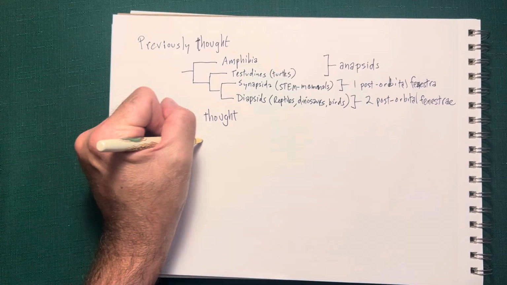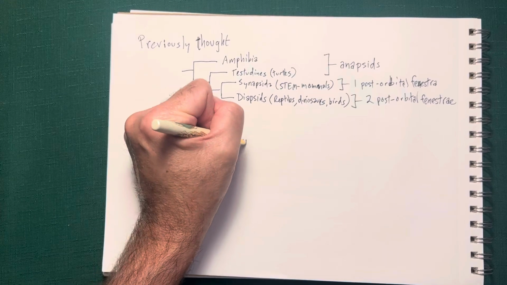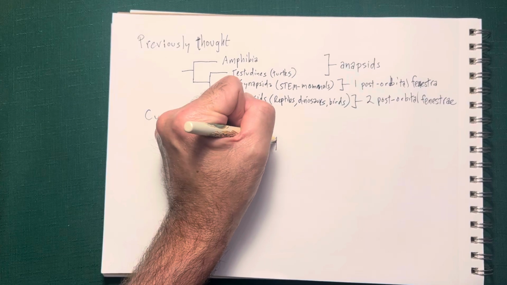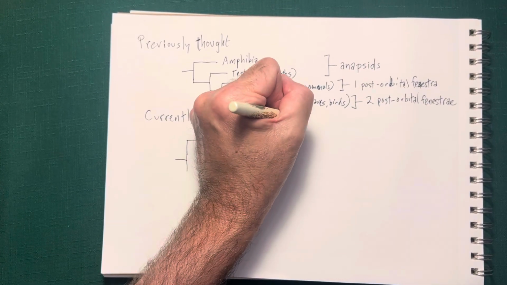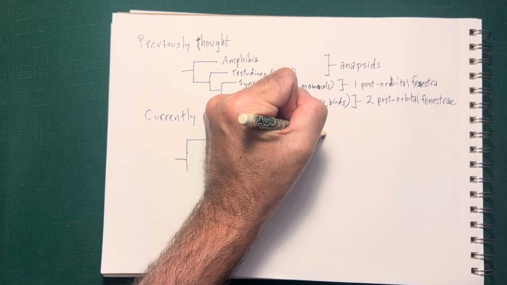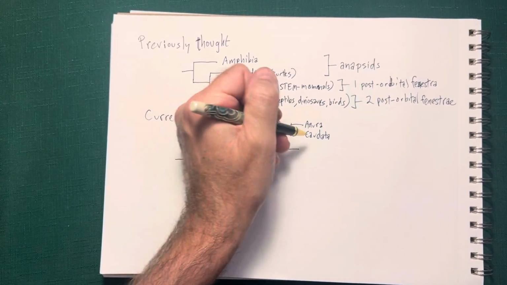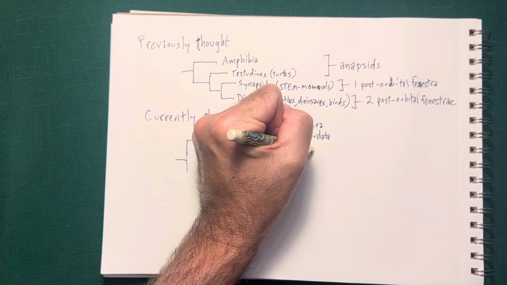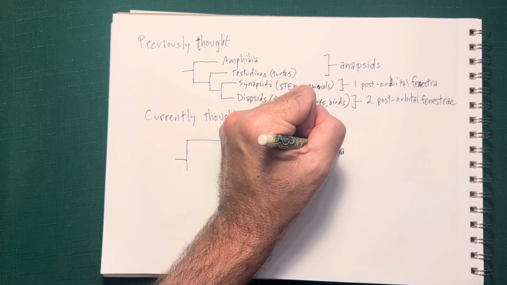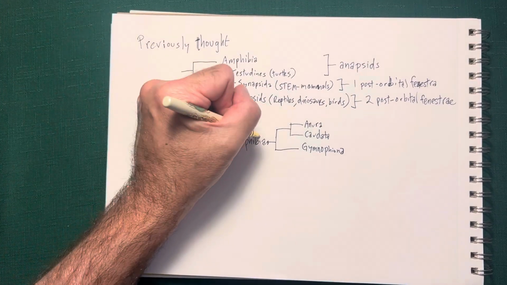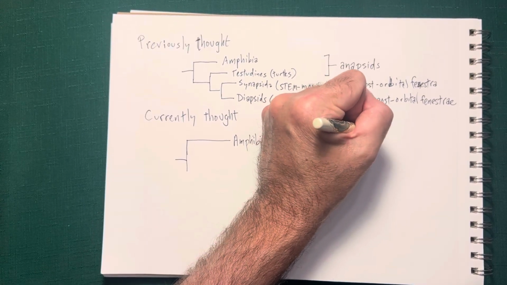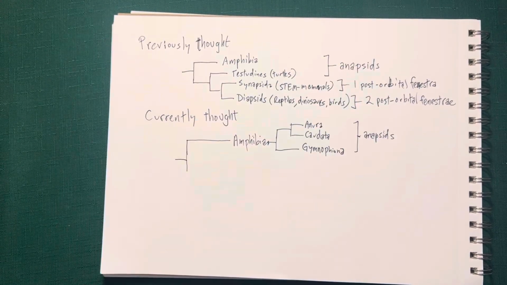So it is still recognized that amphibians, which again includes frogs in the Anura, salamanders and newts in the Caudata, and our caecilians, these are all anapsids for sure, yes. And they share a clade.